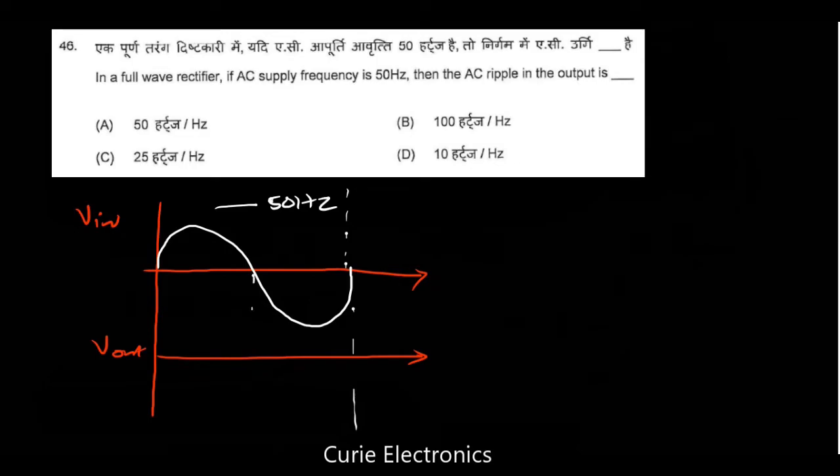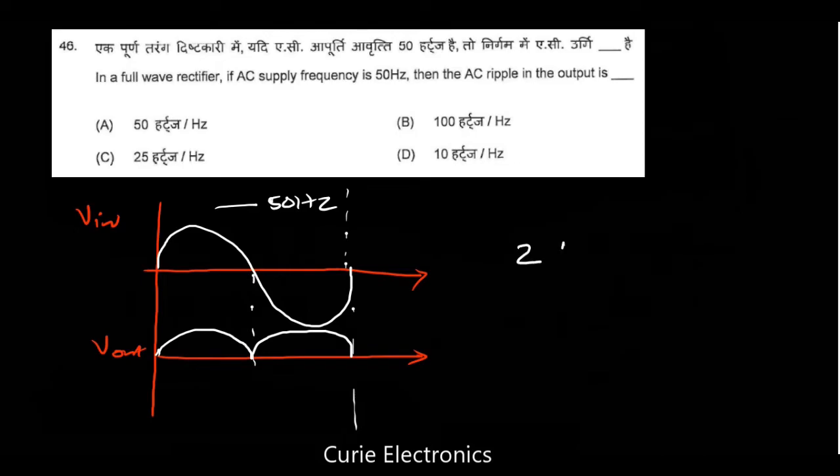Full wave rectifier, what will happen? For the positive half cycle of the AC, we will get a one directional output. Again, for the negative cycle also, we will get a half cycle output. So whatever output we are getting, the ripple frequency is 2 times the input frequency.